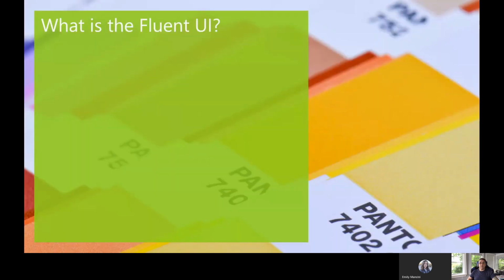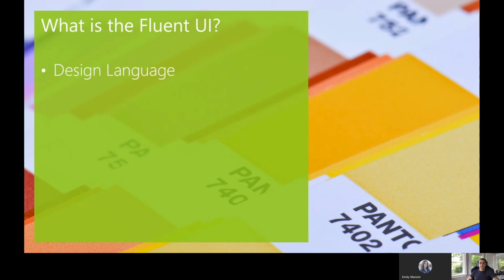Now, the Fluent UI, you might say, was previously called the Fabric Core, or the Fabric Core React, or the Fabric React UI Fabric. It's recently been rebranded to Fluent UI to match the new functionality that Microsoft is coming out with. But right now, there haven't been any major developments since the core other than the rename and the new NPM package. So for those unfamiliar, what is the Fluent UI?